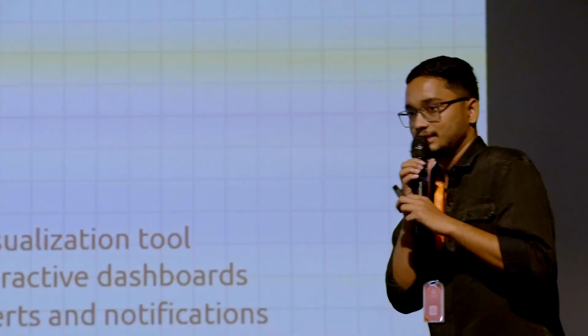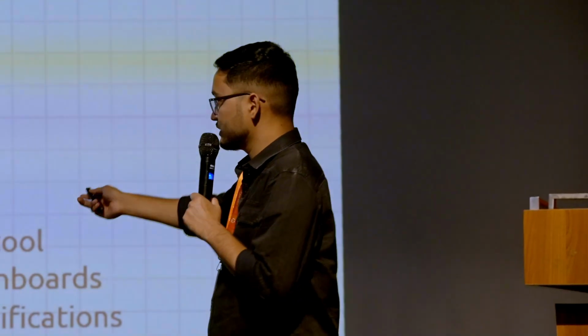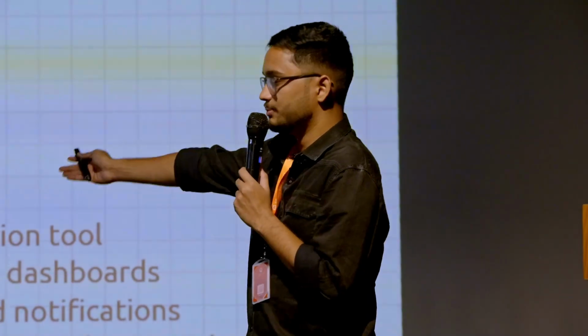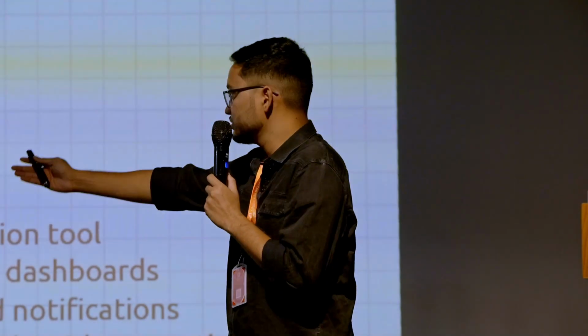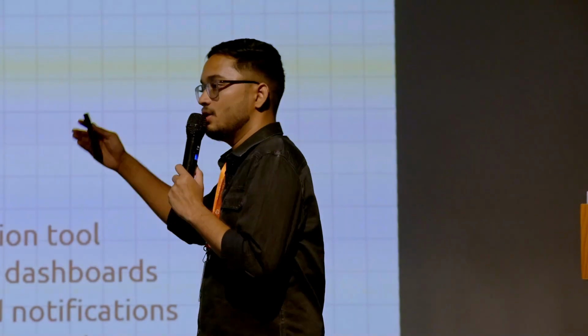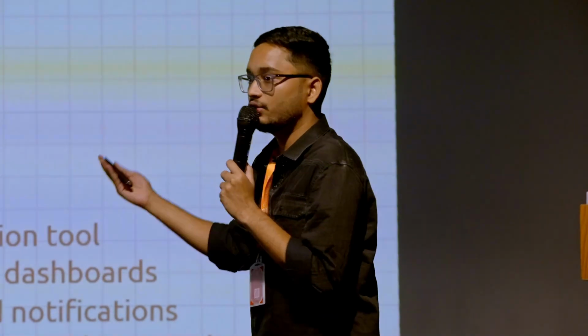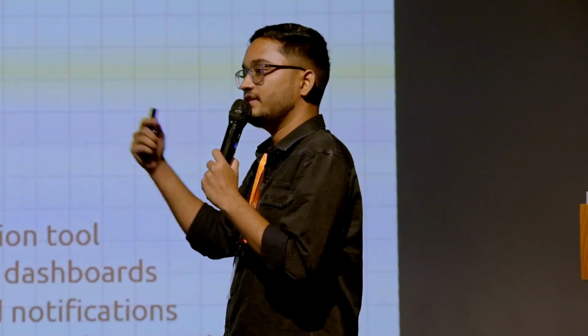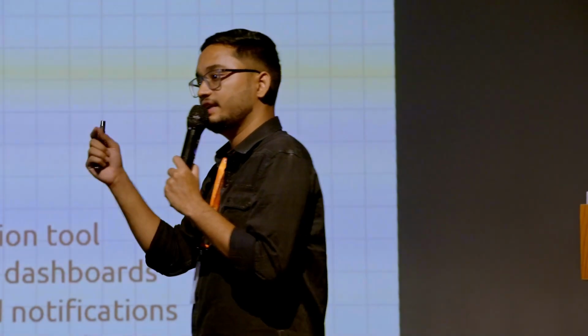As I told you, I'll discuss Prometheus and Grafana, so let's talk about them. What is Prometheus? Prometheus is an open source monitoring system. It is basically a time series database which stores metrics in the form of labels. Labels means key value pairs, so different metrics have different key value pairs.